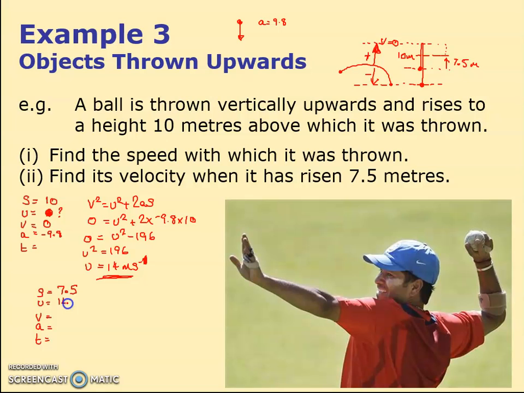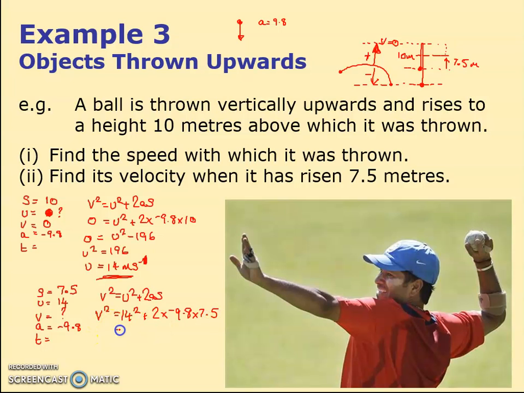u I now know is 14. I can just use 14. That's handy. a is still minus 9.8. And what's it say? Find the velocity, I want v. So it's the same thing: v squared equals u squared plus 2as. And this cricketer throwing the ball here, not him obviously, because he looks as if he's throwing it sideways. But this ball which has been thrown up, I can now write v squared equals u squared, 14 squared, that's 196 again, plus 2 times minus 9.8 times 7.5.